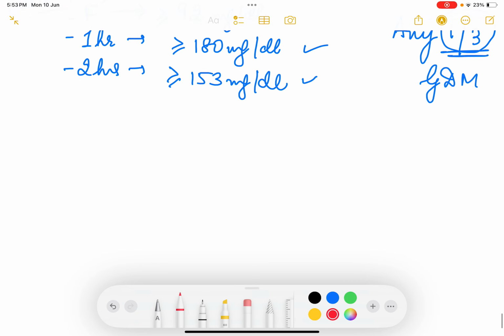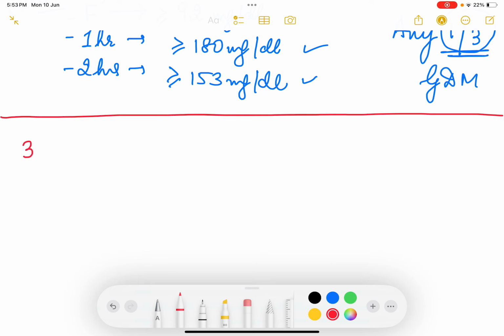Now what happened, the Indian government has said that we should not keep our antenatal patients fasting, because with fasting there is a very high chance of ketoacidosis and then a very high chance of intrauterine fetal death. So what we have lately started is the DIPSI guideline.